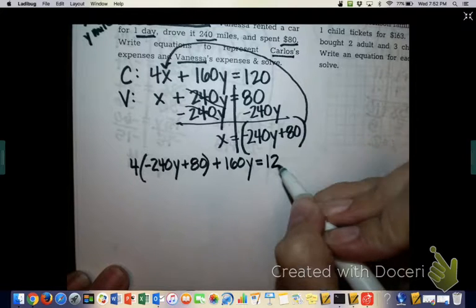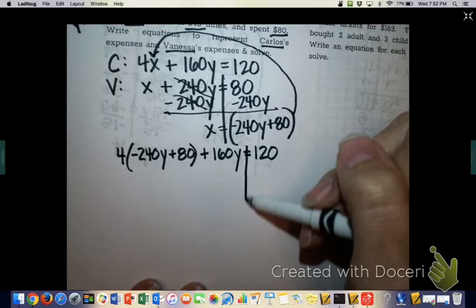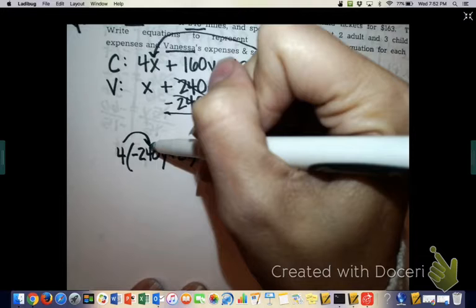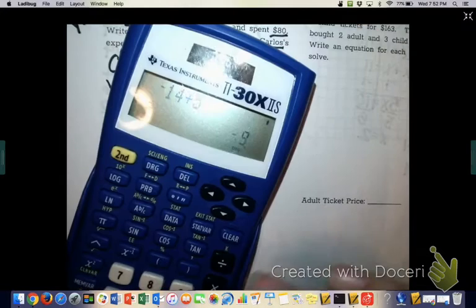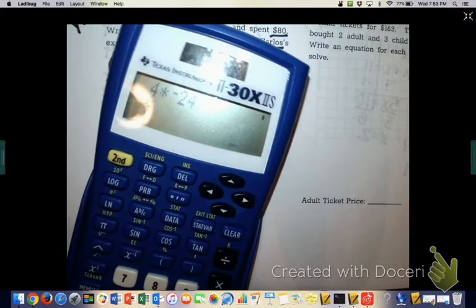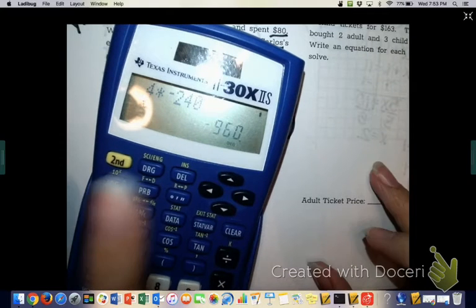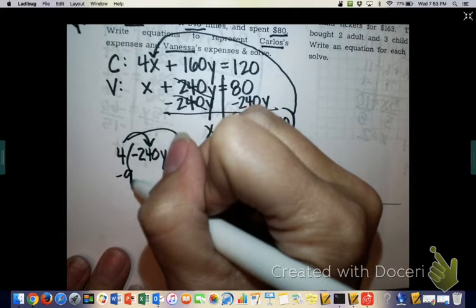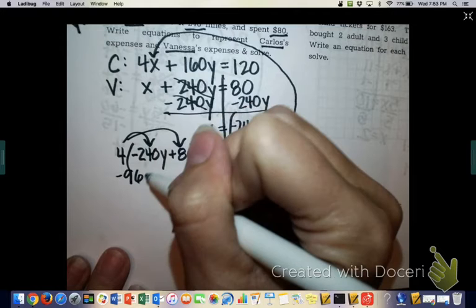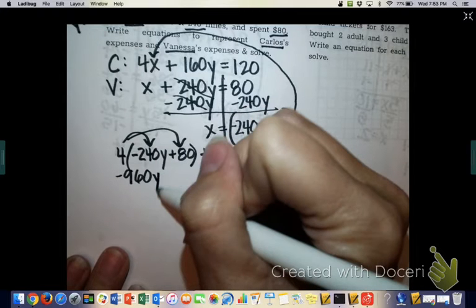Okay, we're going to solve it. Distribute 4 times negative 240 equals negative 960. Wow, these are big numbers. Negative 960Y, 80 times 4 is 320.